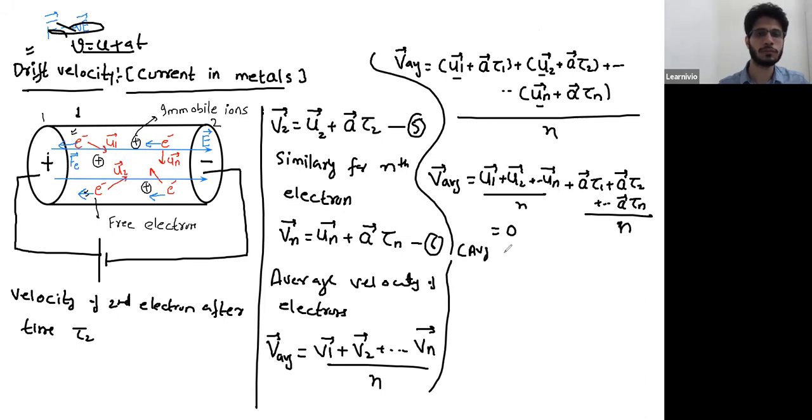Equation number 1. Average thermal velocity, equation number 1. So V average. Afroza, is it clear? Why is it 0?